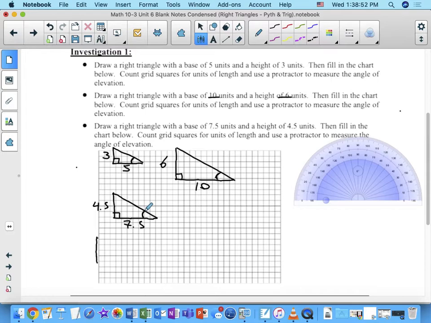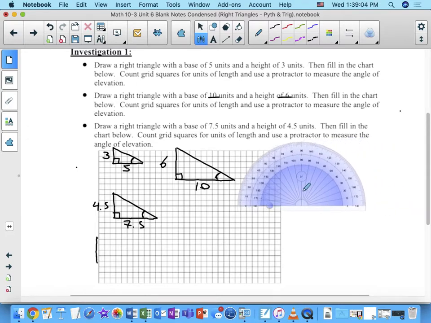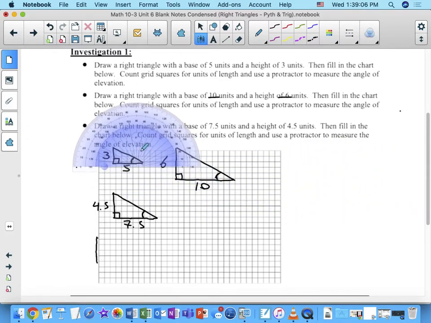All right, what are we getting roughly for this angle in any three of them? Yeah. So for the smaller triangle, I got 27 degrees. 27, okay. Anyone else?